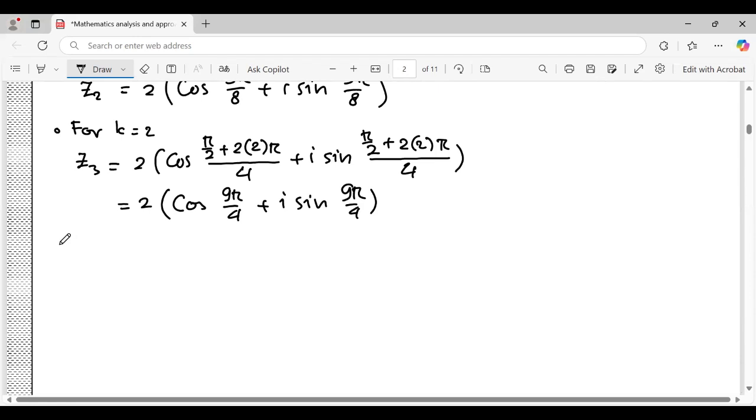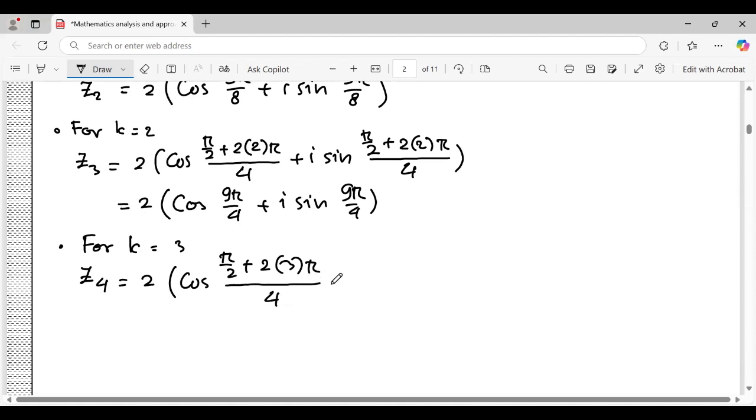Next, for k equals 3, z4 equals 2 times cosine of pi over 2 plus 2 times 3 pi over 4, plus i sine of the same.